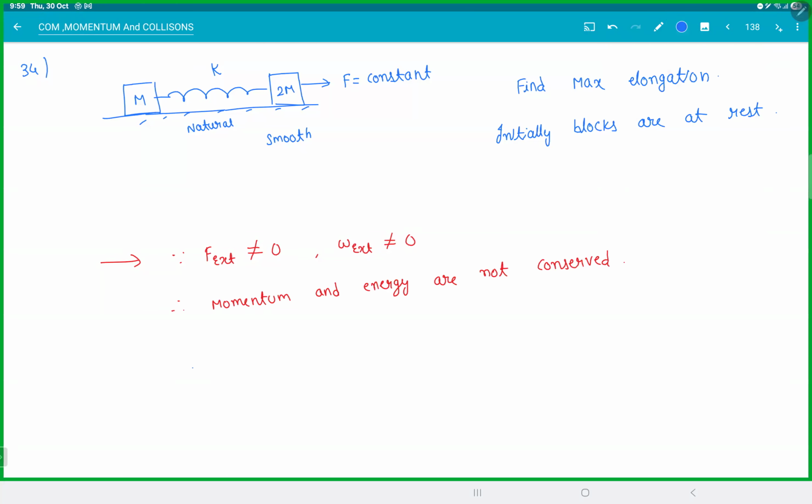Acceleration of center of mass is total force by total mass. This is constant. I told you this a few times: if you have a point which is going with a constant velocity or constant acceleration, we go and stand on that point. You solve with respect to that point. So here, we will solve with respect to center of mass.